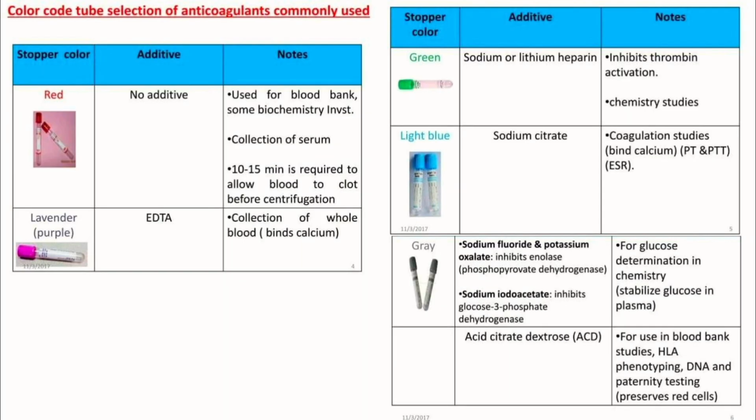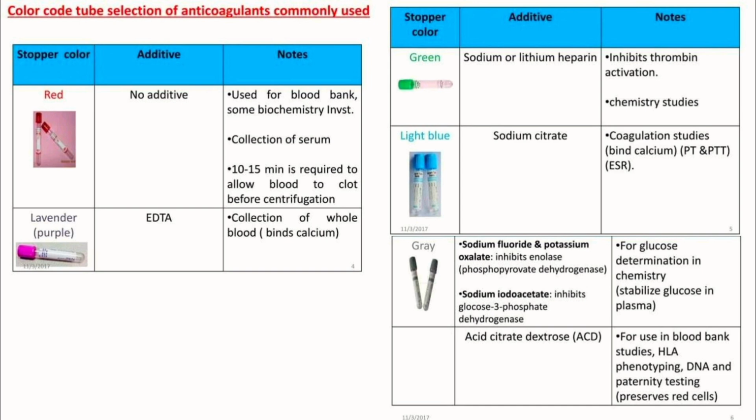Here are the various color-coded tubes commonly used in hematology. Red top tube: no additive or no anticoagulant. Used for the blood bank and some biochemistry tests, for collection of serum. Then 10 to 15 minutes is required, and by centrifugation we get the serum.